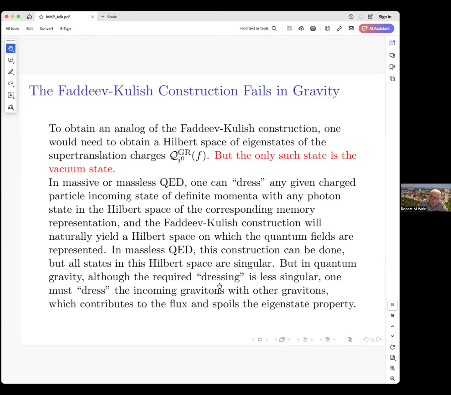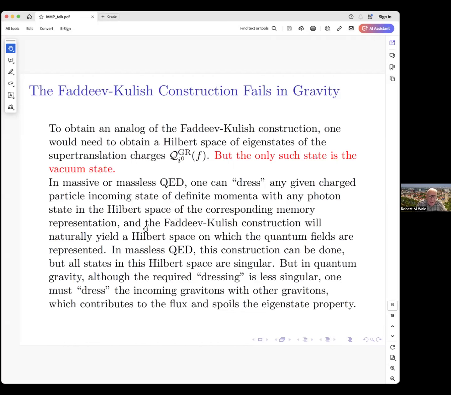But when we dress it with the memory state, there are going to be gravitons in that memory state. They might be very low energy, but they're not zero energy. When we dress it with these non-zero energy gravitons, that contributes a little extra to the flux, which messes up the eigenstate property. Well, you might think, okay, let's just dress the dressing and maybe we'll get something convergent, but the direct argument that there are no eigenstates shows that that's not possible.